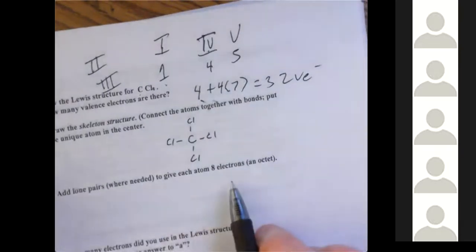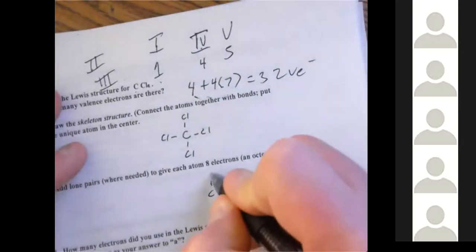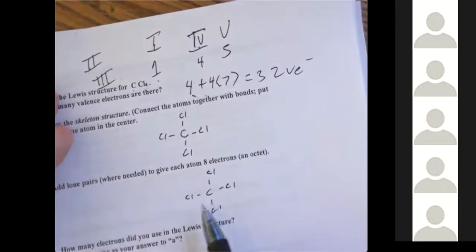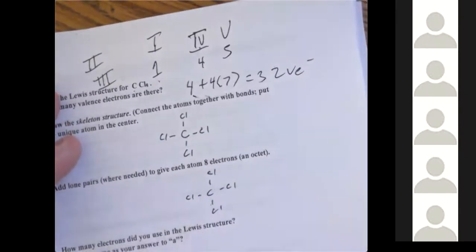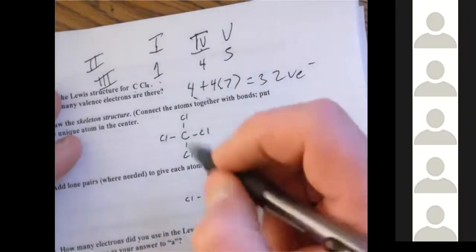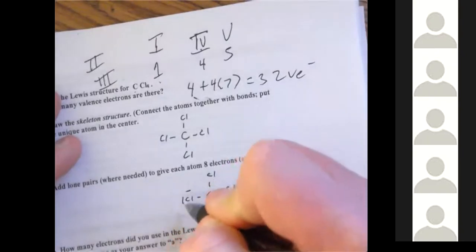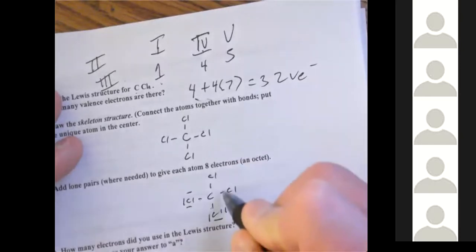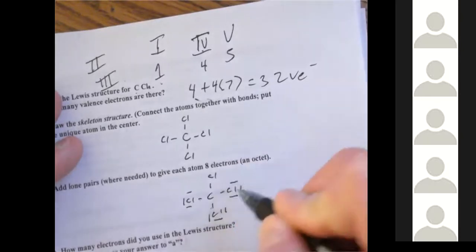Right? And then it says add lone pairs to give each one 8. So we're going to draw the skeleton structure again. We're going to add lone pairs to give each one 8. Carbon currently already has 8. So 2, 4, 6, 8, 10, 12, 14, 16, 18, 20, 22, 24, 26, 28, 30, 32.